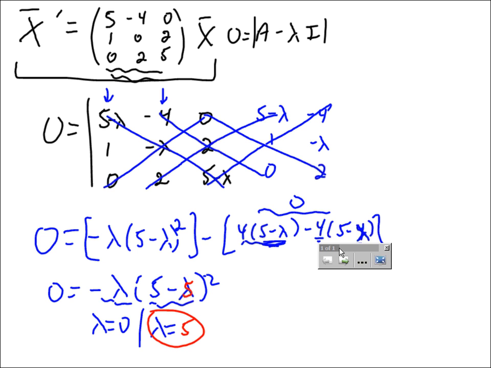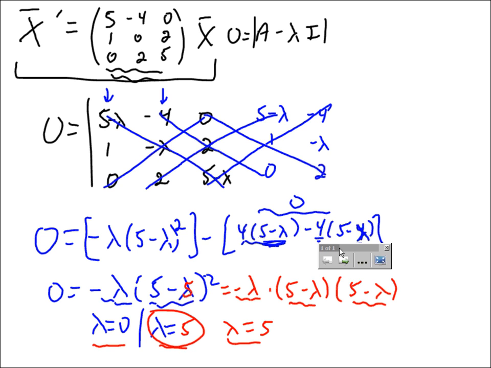But that's a repeated root, because it's really negative lambda times 5 minus lambda times 5 minus lambda. This factor is 0 when lambda is 0. This factor is 0 when lambda is equal to 5. And that factor is 0 when lambda is equal to 5. Lambda equals 5 came up twice.